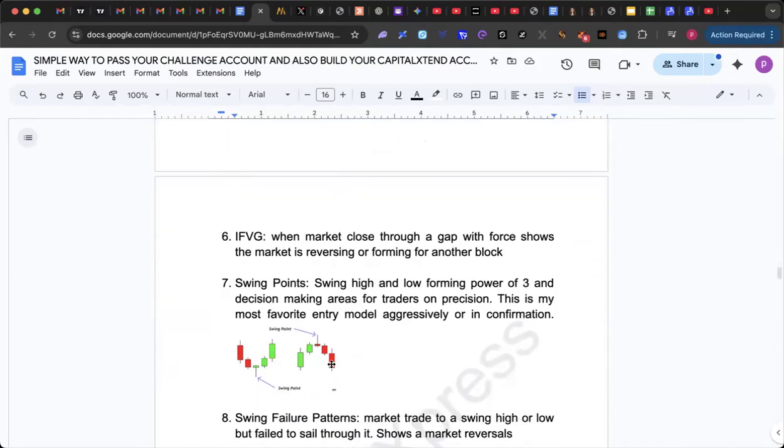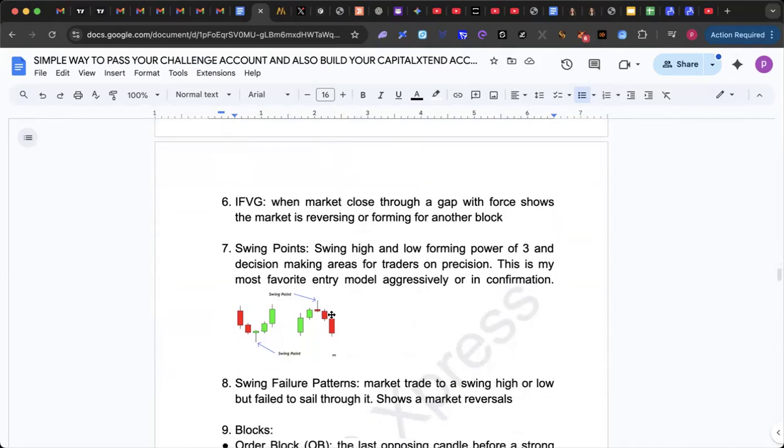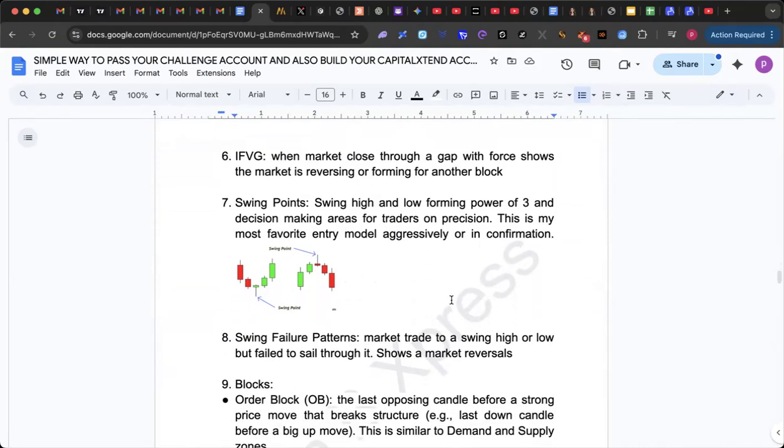This is the most powerful entry model in trading, both in Bitcoin and in gold. And if you have been following us, you understand swing points, which we call power of three: swing low, swing high, and swing low, forming power of three and decision-making areas for traders on precision. This is my most favorite entry model, aggressively or on condition.